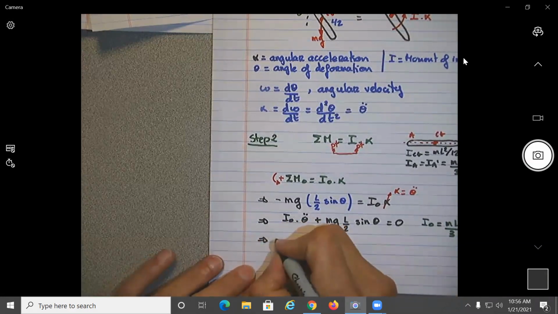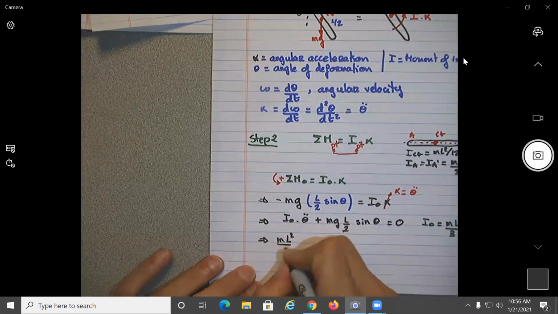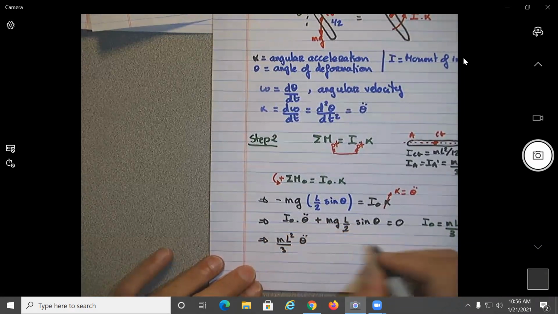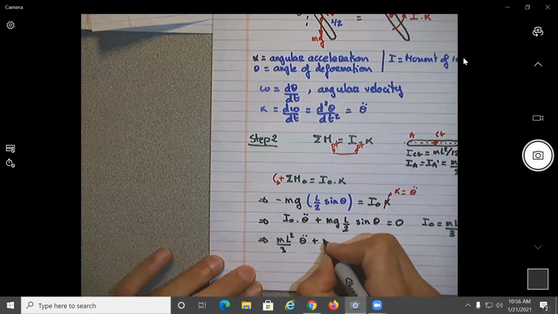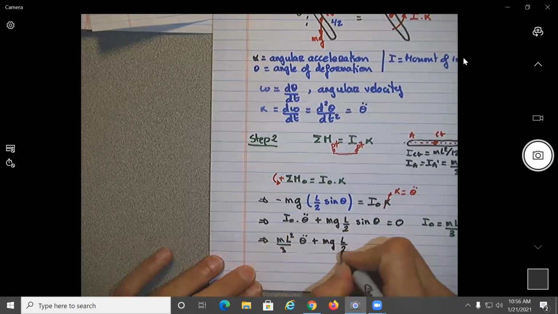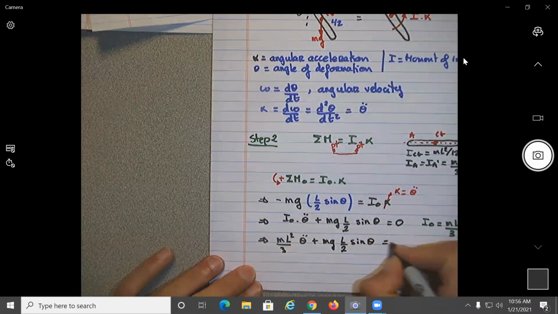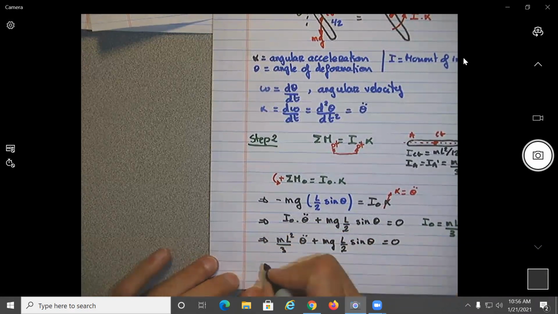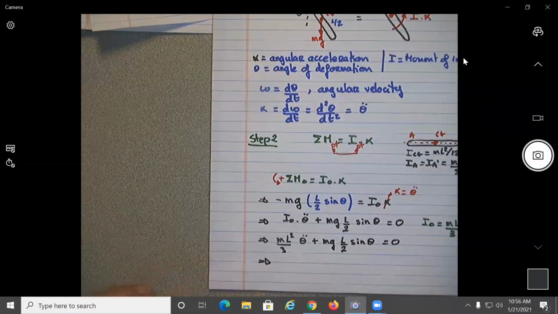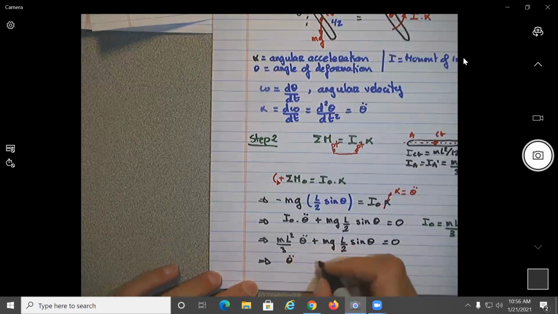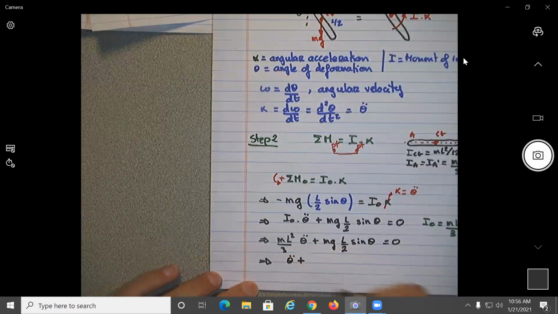So this should be equal to m L squared over 3 theta double dot plus mg L over 2 sine theta equal to 0. If I divide by m L squared over 3, I get theta double dot plus, what?